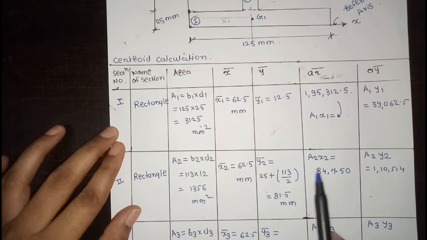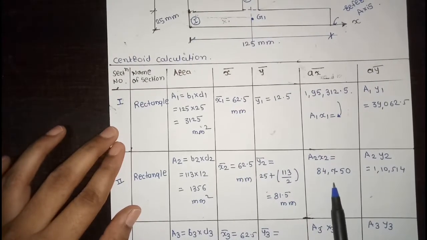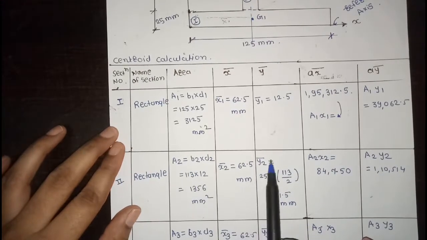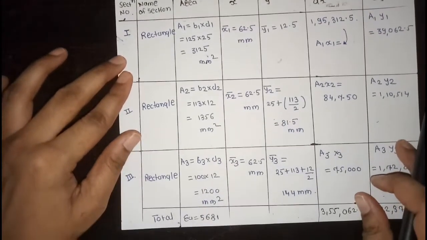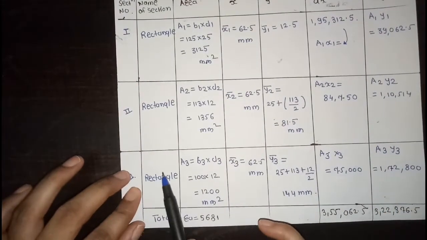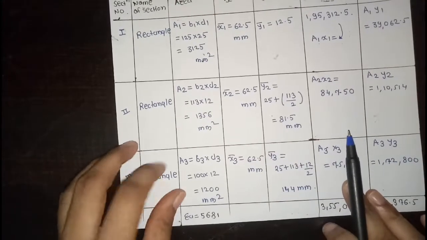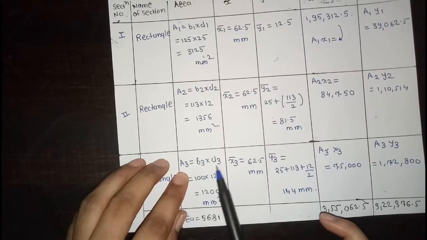Then the product of A2 x2, we get this answer, and the product of A2 y2, we get this answer. Then third section rectangle means flange section. So flange section, A3 is equal to b3 into d3.